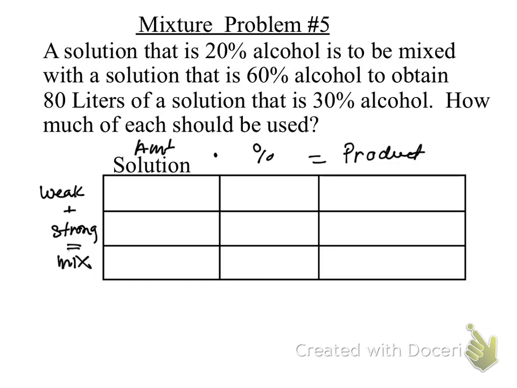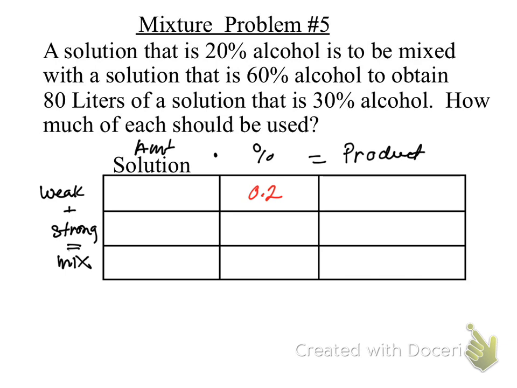I already labeled amount times percent equals the product, and I compared the weak plus the strong equals the mix. So do we know what goes in this box right here? Anybody? 0.2. Right. We're putting the weak mixture of 0.2.